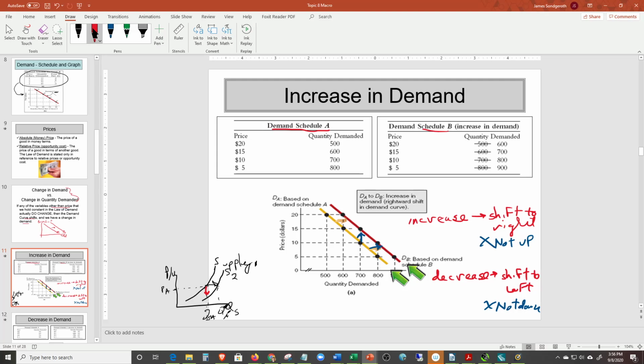And great confusion results from this for introductory students when they're given supply and demand curves on exams, and they're told that the supply curve has increased. What they're likely to do is draw the supply curve here, because that is an upward shift in the supply curve, and isn't that an increase?